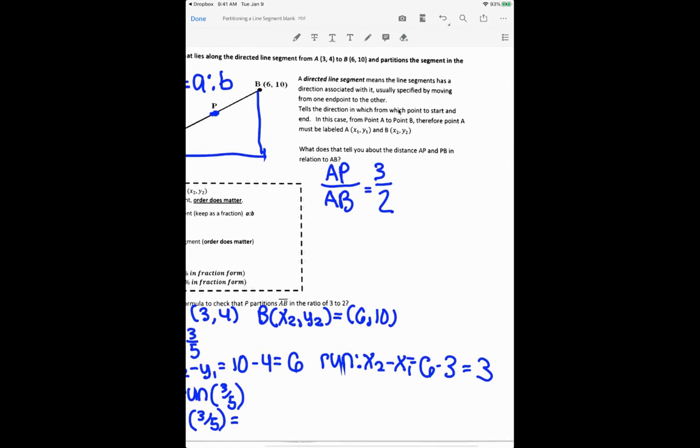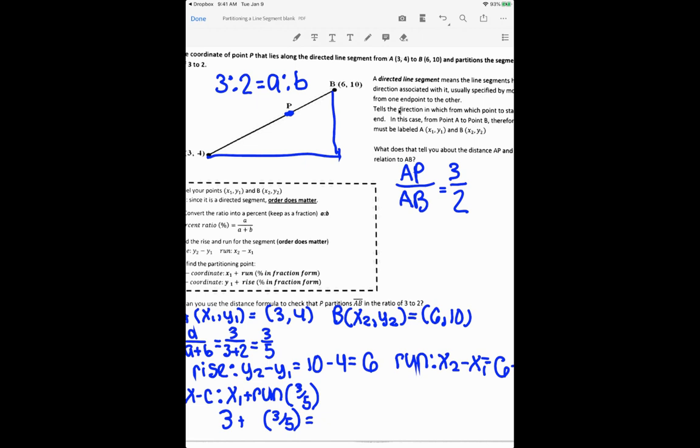So my run was 3. So I need to use that 3. So let's go back and change that. Okay, now we're fine. So now we're going to add 3 plus 3 times 3/5, which is 3 plus 9/5. And that comes out to 24/5, which if you write that as a decimal, that's 4.8.